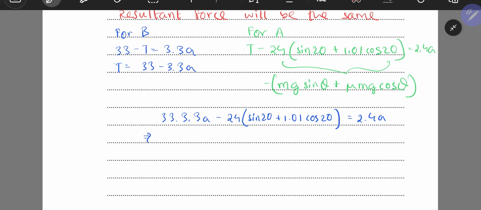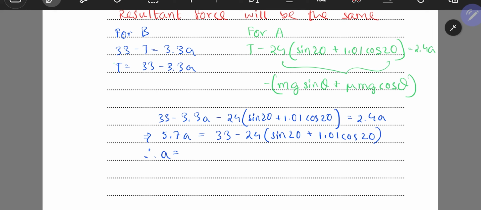Or let's make a the subject. So 2.4 plus 3.3 is 5.7. So 5.7a is equal to 33 minus 24 (sine 20 plus 1.01 cos 20).